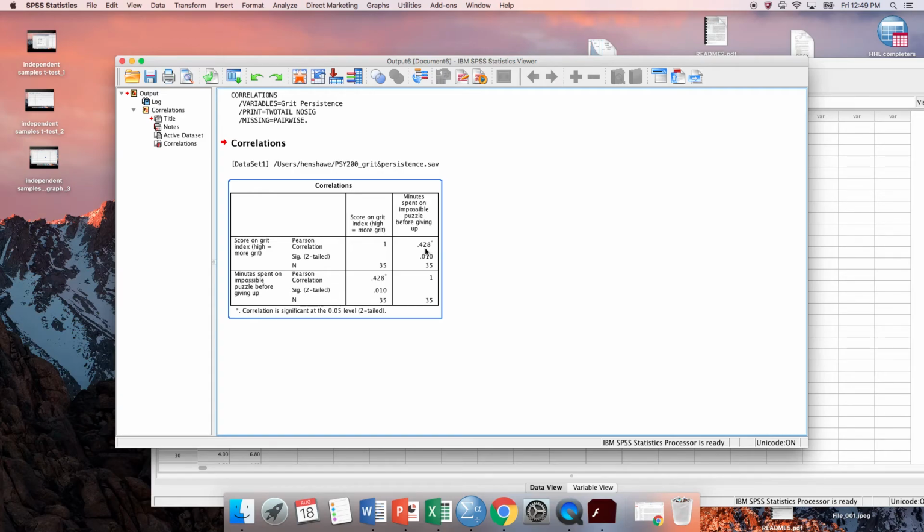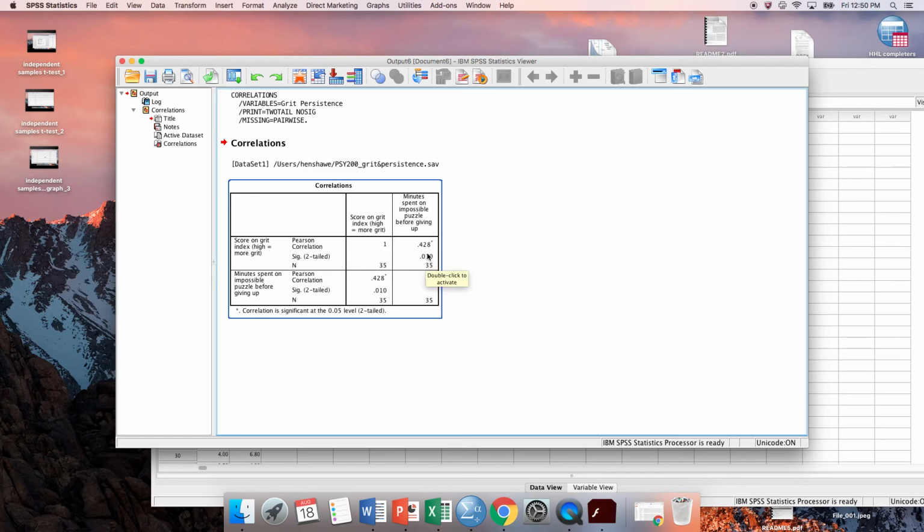What the correlation amount can tell me is how strong is that relationship. So if it was lower than 0.3, for example, we might call it a very weak correlation. Between 0.3 and 0.5 is what we would call a moderate correlation, and then higher than 0.5 would be a strong correlation. So that's kind of like an effect size built into the correlation data.